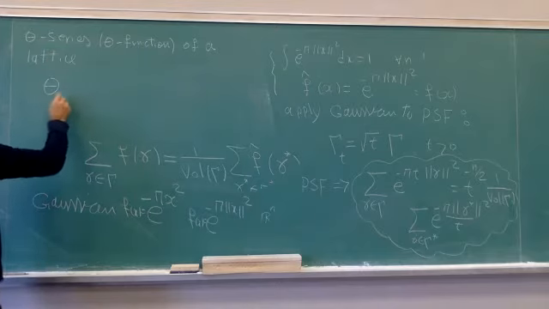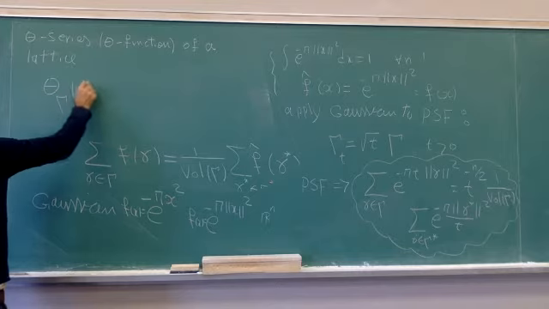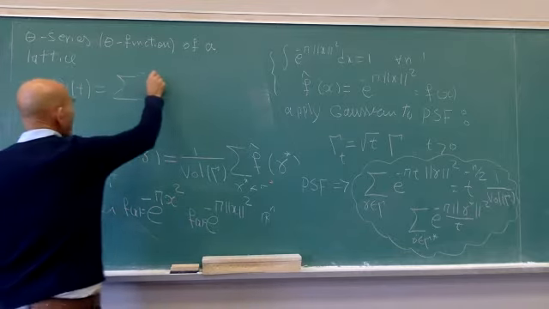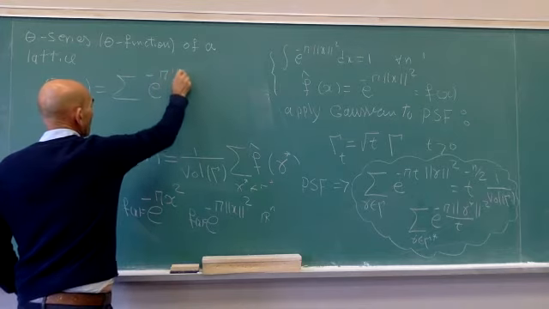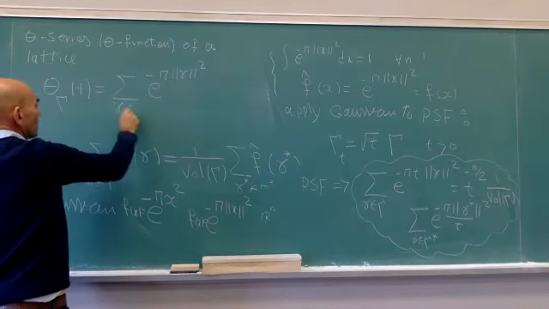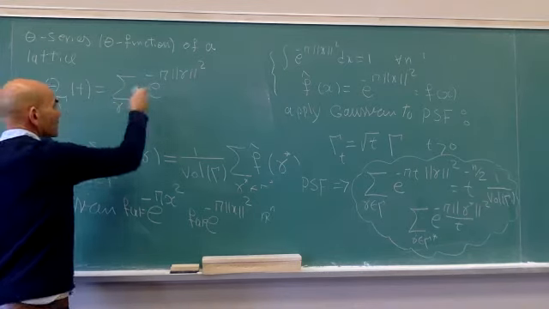So theta gamma of t is equal to the sum of exponential of minus pi norm of gamma squared, gamma belonging to gamma.